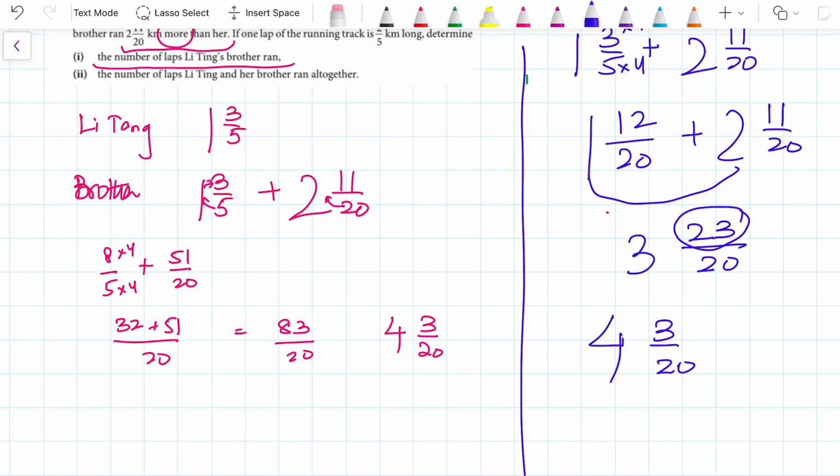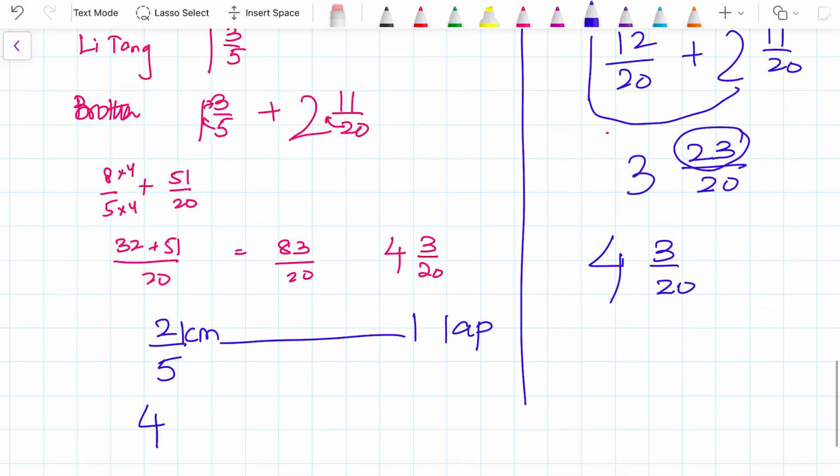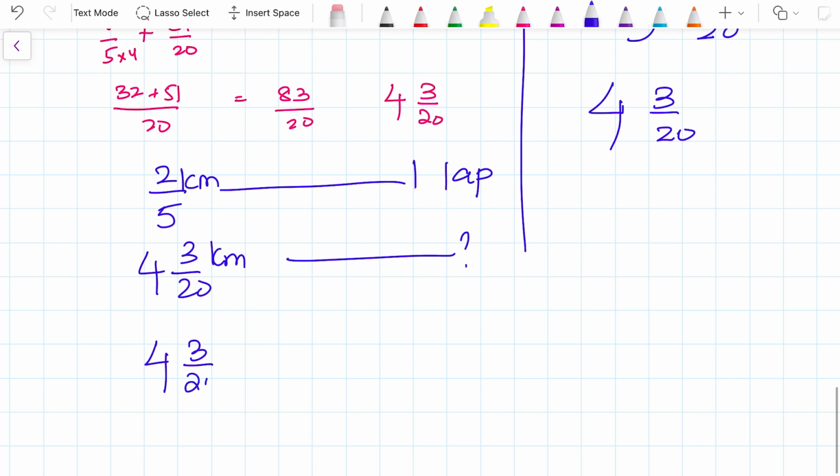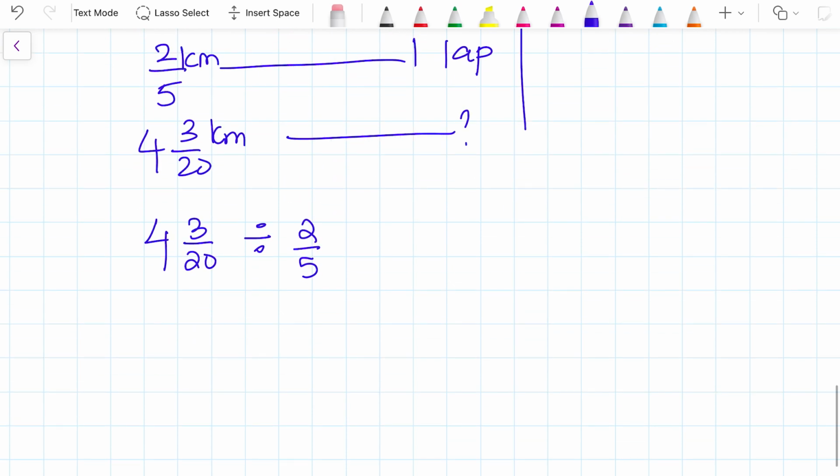Now let's go back to the question. 2/5 kilometer is 1 lap. 4 whole 3/20 kilometer is how many laps? We need to divide. 20 into 4 is 24, so 83/20. Multiply by 5/2. 5 times 1, 5 times 4.